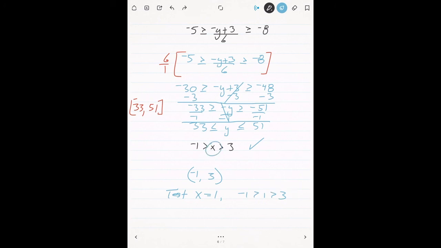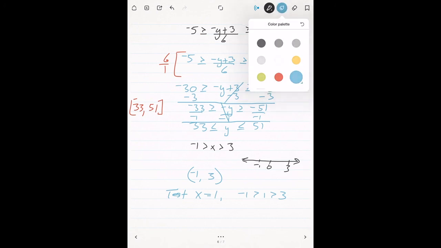We were trying to find numbers that are greater than 3, but also greater than, or I'm sorry, less than -1. Well, if we graph that, let's put a little number line down, and let's try to shade in what's going on here. -1, 0, 3. In the blue, this is everything greater than 3.